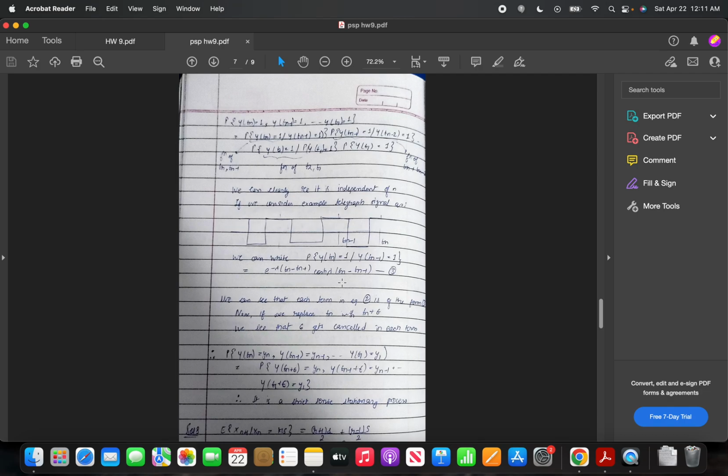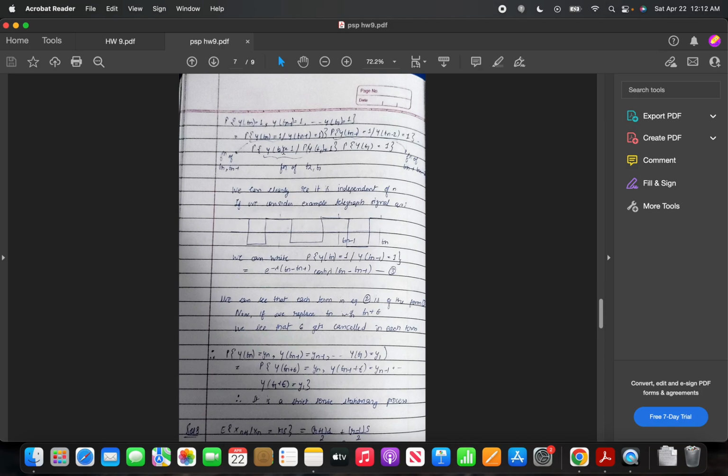And we can also see that each term in equation 2, which is this equation, can be written in the form of equation 3, which is this equation. So we can replace each term in this form.